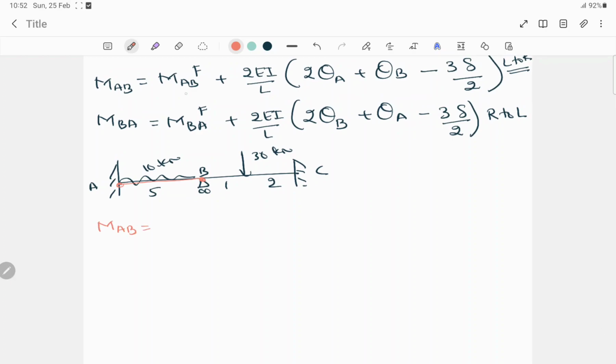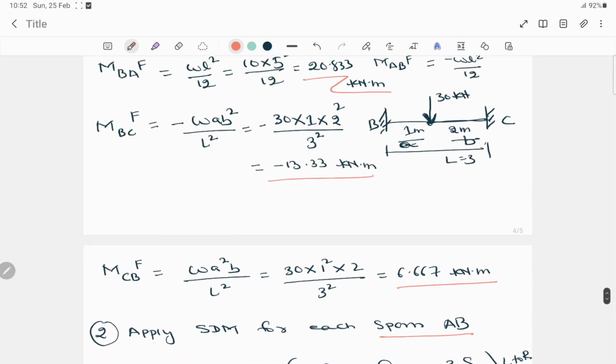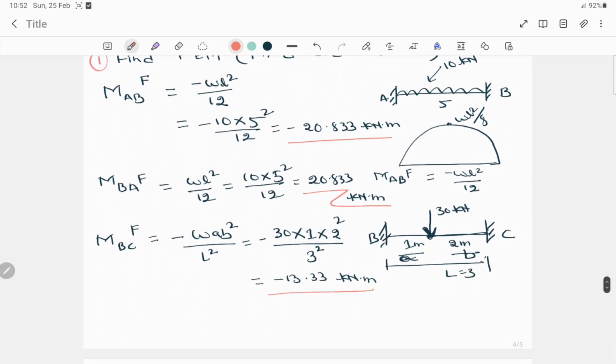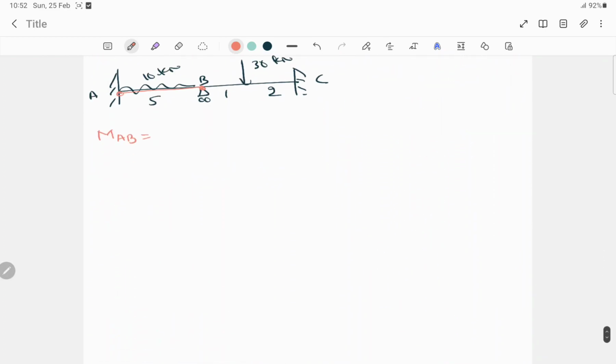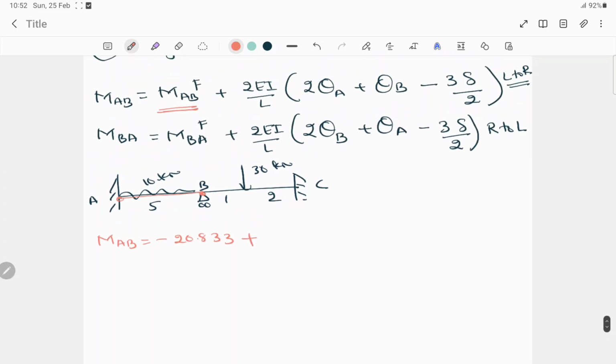Now we have a value for MAB, we have already calculated that. MAB is minus 20.833 plus 2EI by L. We'll keep EI like this only because this value is not given in the question.